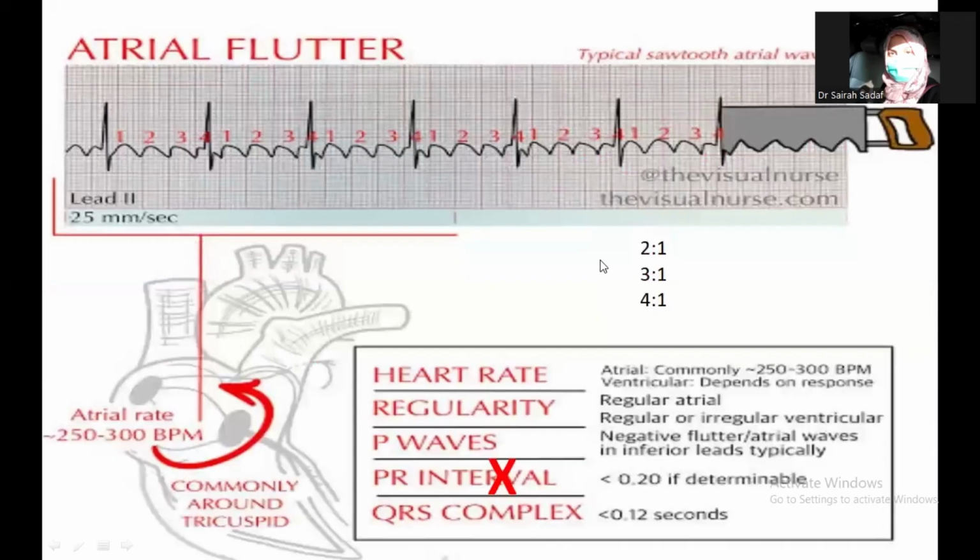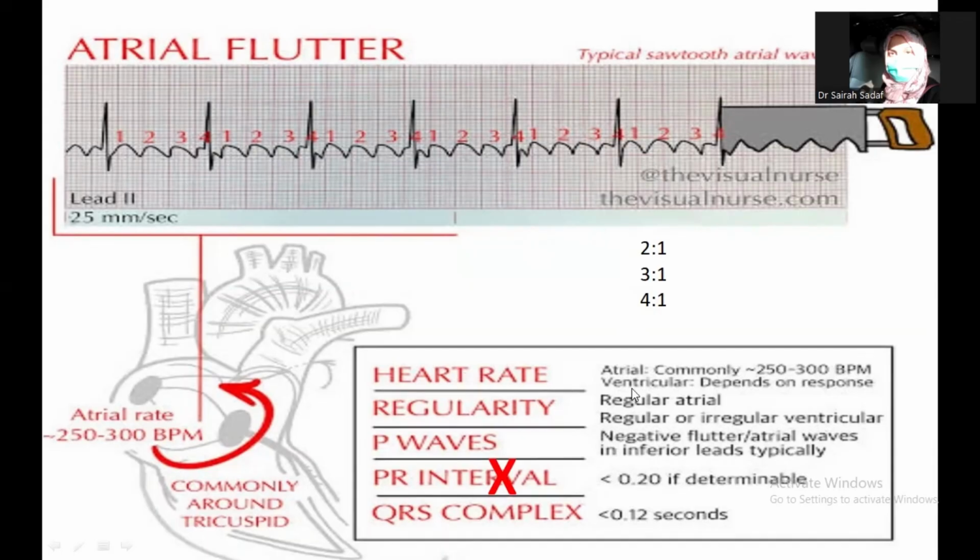Atrial flutter is very popular because of its sawtooth appearance. Saw means the saw, and you can see its shape, sawtooth appearance. You may have 2-in-1, 3-in-1, or 4-in-1 block, like the abnormal waves coming here.